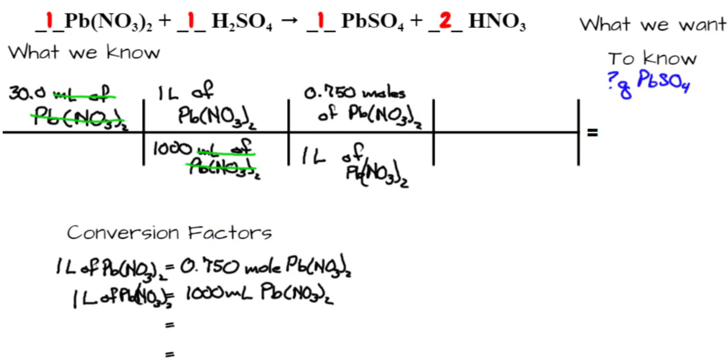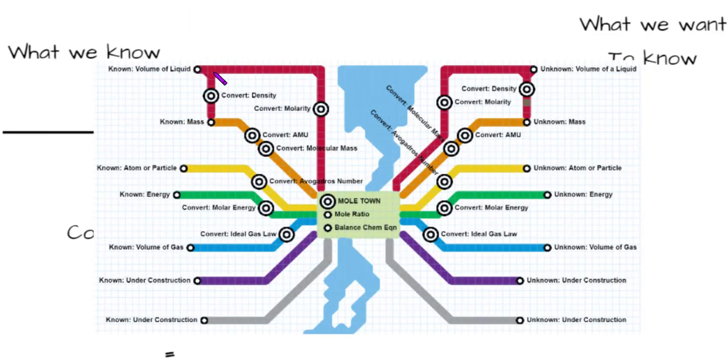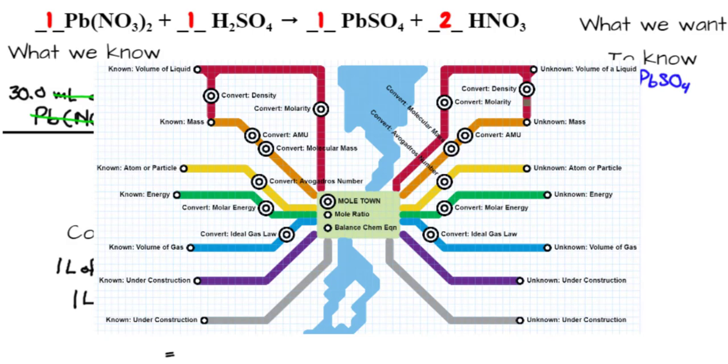And I do that so that I can cancel the liters of Pb(NO3)2 with the liters of Pb(NO3)2, and now I'm in moles. And now it's time to go to Moletown. If we take a look at my train map, I've taken the volume that I know, gone through molarity in order to get to Moletown, my mole ratio that comes from my balanced chemical equation.